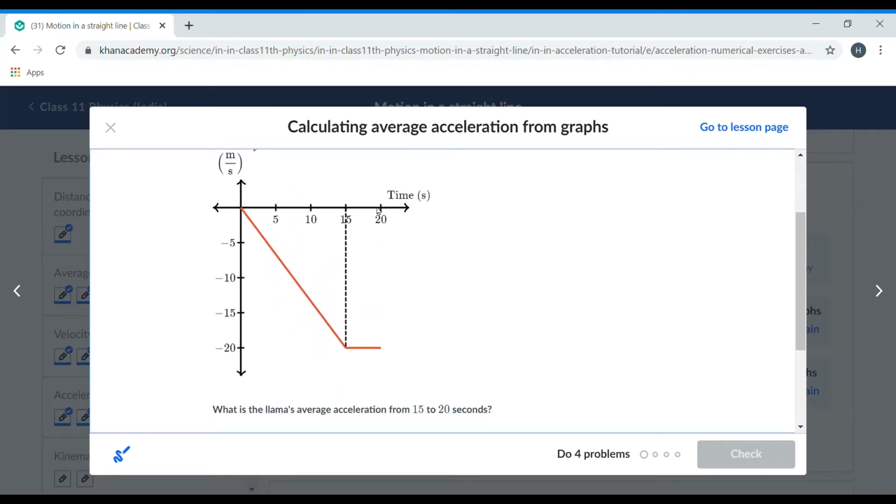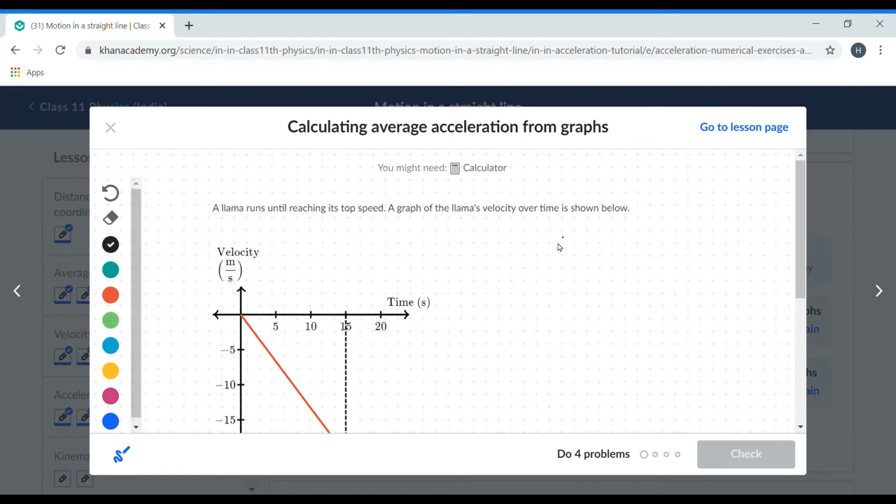From 15 to 20 seconds, its initial velocity was minus 20 meters per second and its final velocity was minus 20 meters per second. So acceleration is equal to change in velocity over change in time. Change in velocity is equal to final velocity minus initial velocity.